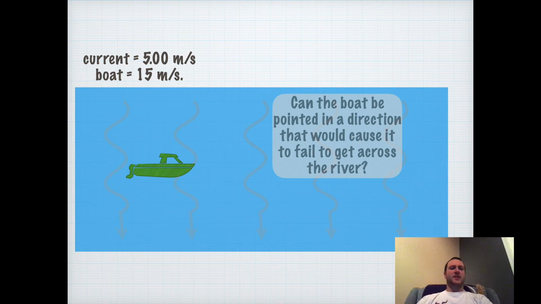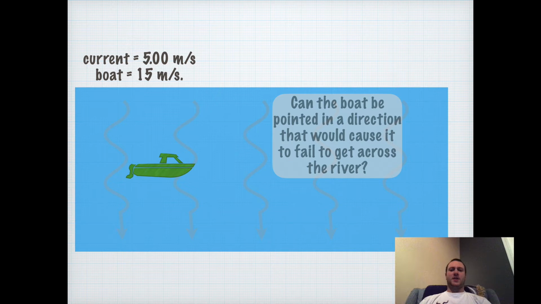So here we're going to see that our current is 5, the boat is 15. Notice that those are speeds, not direction, because we want to make sure we can differentiate in case directions do change. So our first question: can the boat be pointed in a direction that would cause it to fail to get across the river? The answer here is absolutely. Because the river is flowing south, on the slide here, north would be the top of the screen, east would be the right of the screen, and west would be the left of the screen.